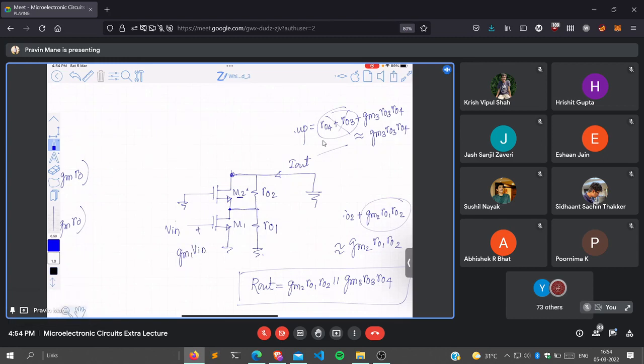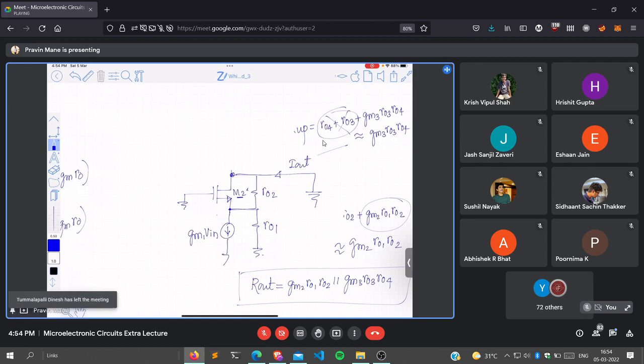For this device, what is the VGS? It is Vin. So it is a current source. Should I replace it by a current source now? So this is the current source which is equal to Gm1 into Vin.